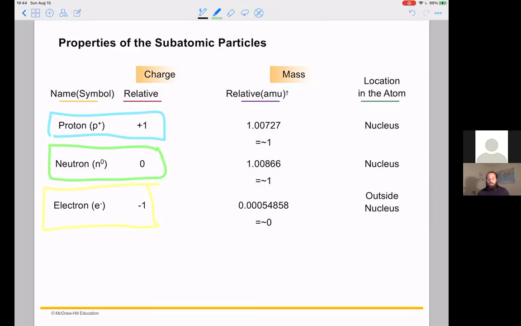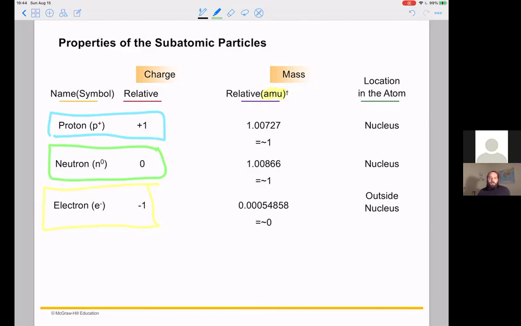When we're talking about the mass of individual subatomic particles, they're so tiny that we don't use grams or kilograms, because you would be talking about a millionth of a billionth of a gram or something like that, something inconvenient. So instead what's used are what are called atomic mass units.